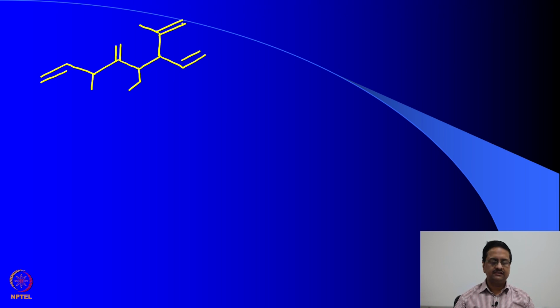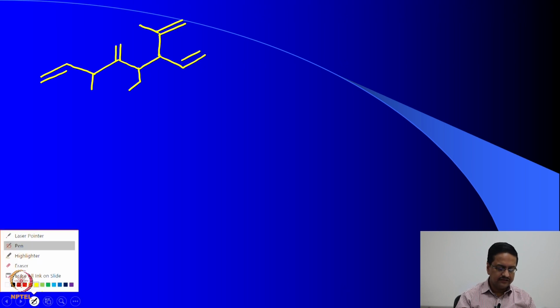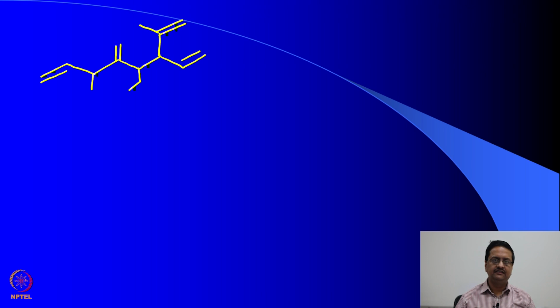So, what are the functional groups that we are seeing in this particular molecule? We are seeing a few double bonds and there are some alkyl substitutions. So, the first point in this case would be to identify the longest chain, and we should identify the longest chain in such a way that the double bonds get the lowest numbering and you have the maximum number of branches, and in addition the branches or the substitutions should have the lowest numbering as well.